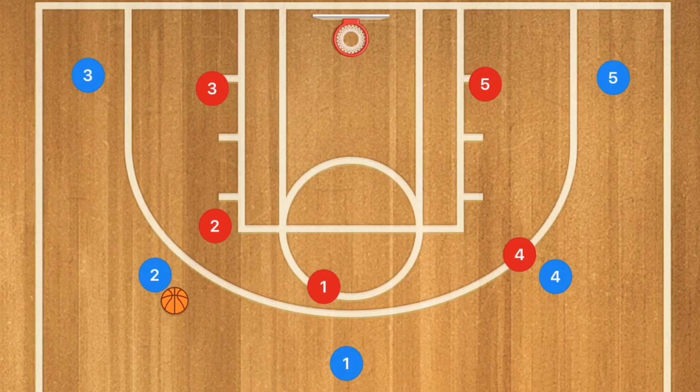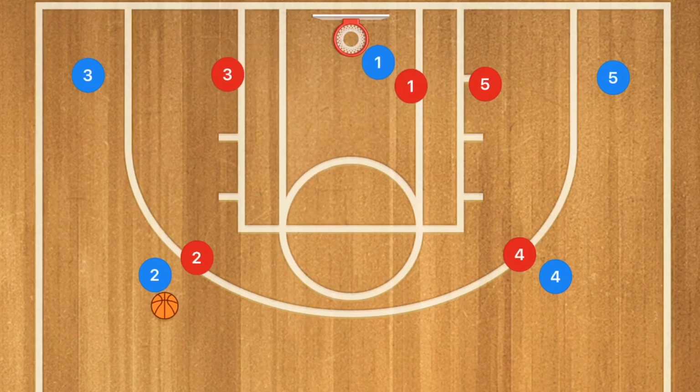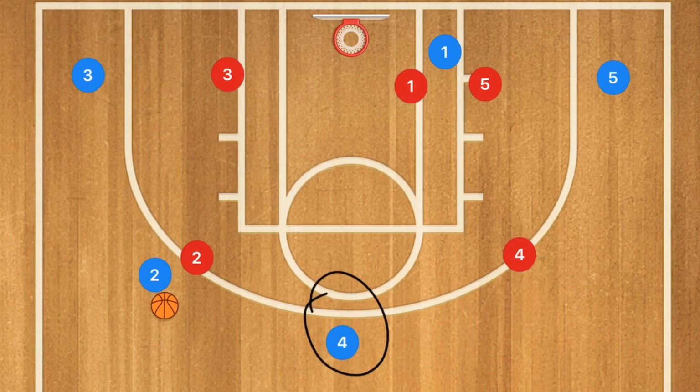If player 1 passes to player 2, he's going to cut in front of his man, having his hand high up so that he can hopefully get that pass. If he does, he could have an open lane to the basket, or he could collapse the defense for a pass out for a 3. If he's not open, he's going to clear out, and player 4 fills his spot.